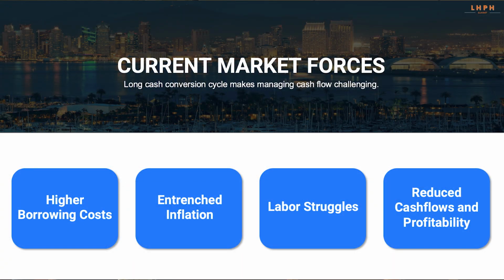So, again, this summit, we've talked a lot about these concepts. Your baseline in this business is that your cash conversion cycle is long, and that makes managing your cash extremely challenging. Today, we have way higher borrowing costs than what we did 5 years ago, and that means that your cost in a deal is higher.